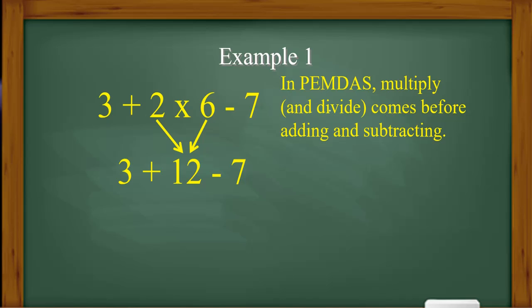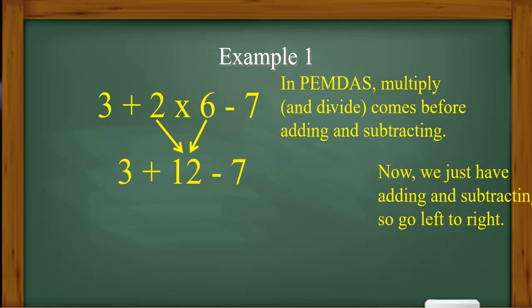Then what is the next step? We do not have any multiplication and division. What comes next? Correct. Addition and subtraction. Which occurs first? Is it addition or subtraction? Correct. It is addition.